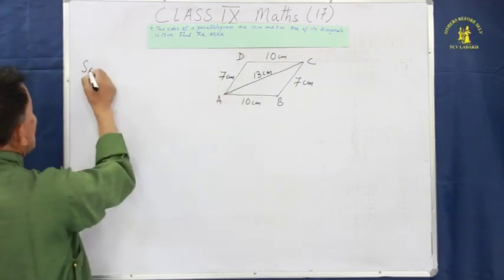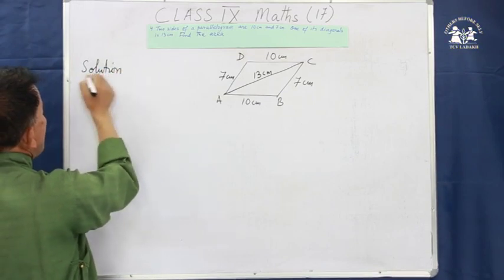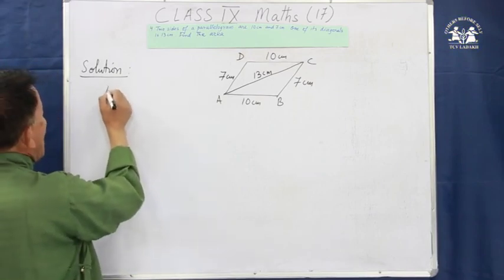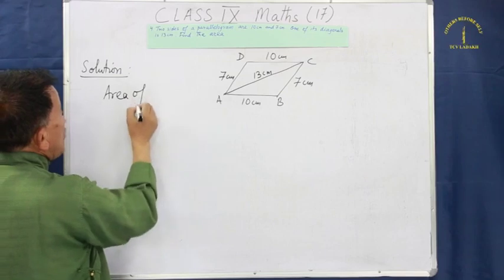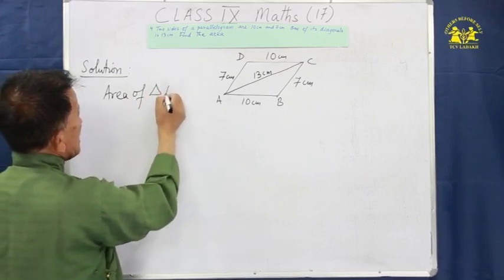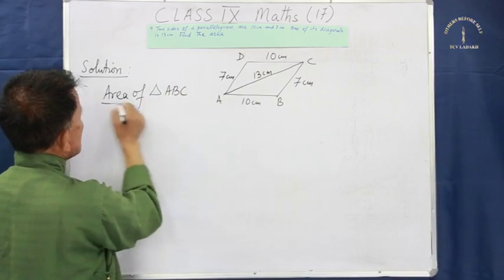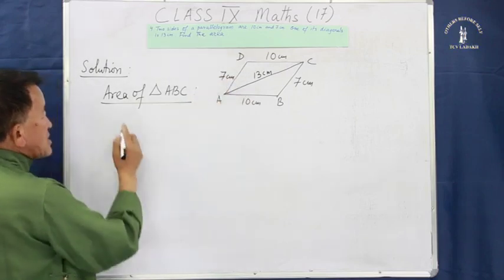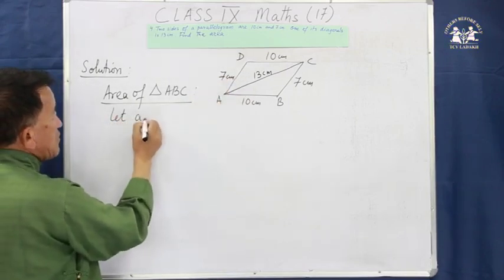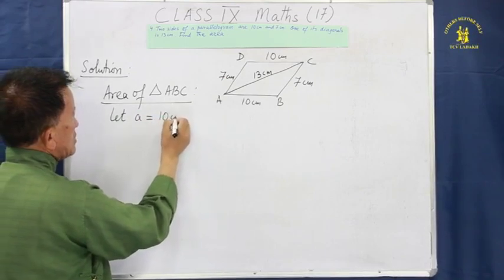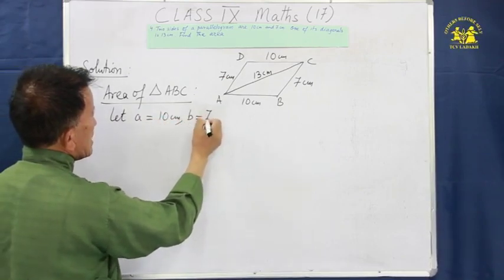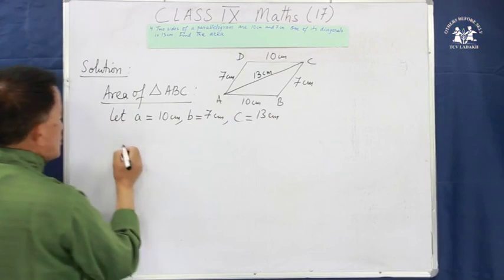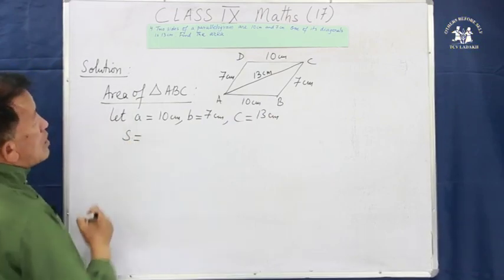Okay, so here let's say area of triangle ABC. So in this, let's identify the three sides. Let the first side A be 10 centimeter, second B is equal to 7 centimeter, and C is equal to 13 centimeter. Right?